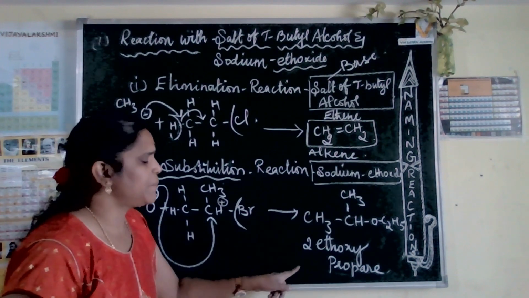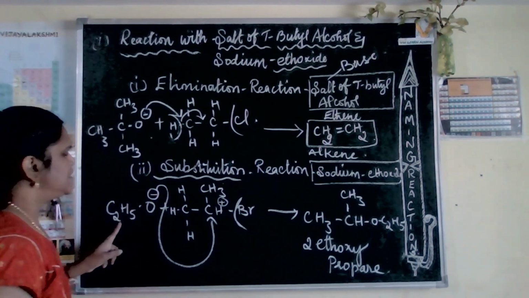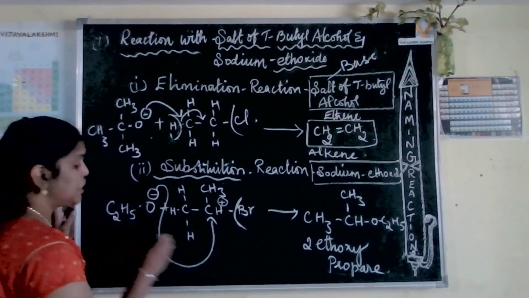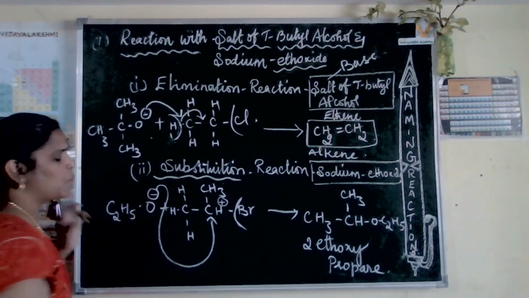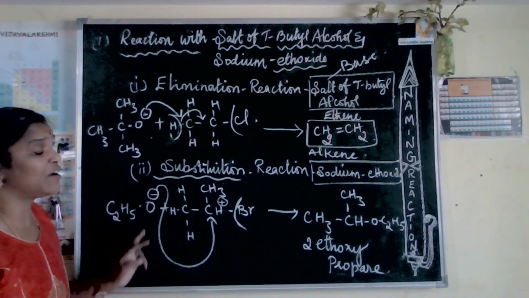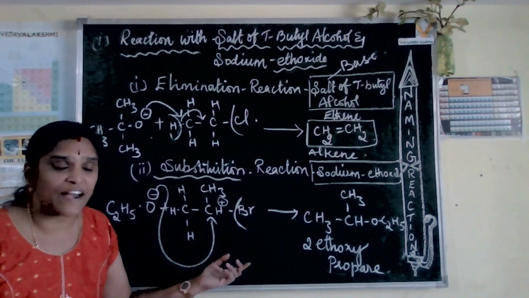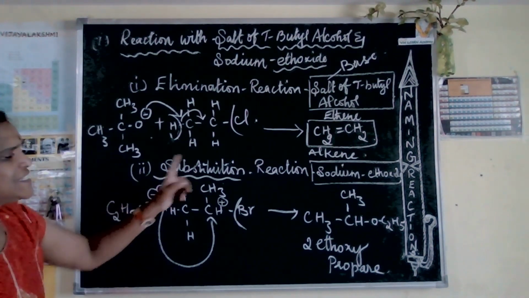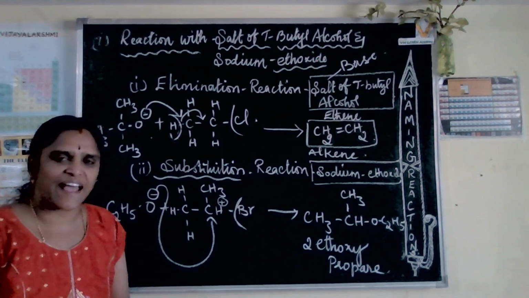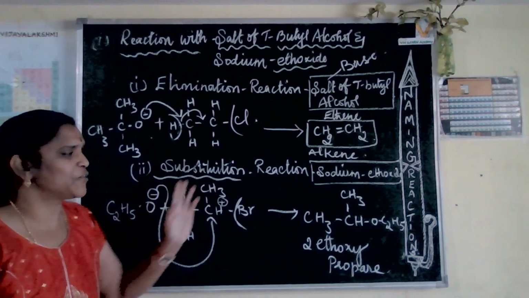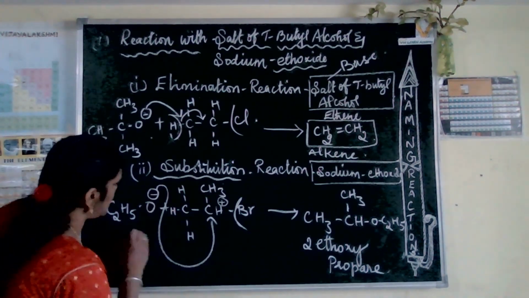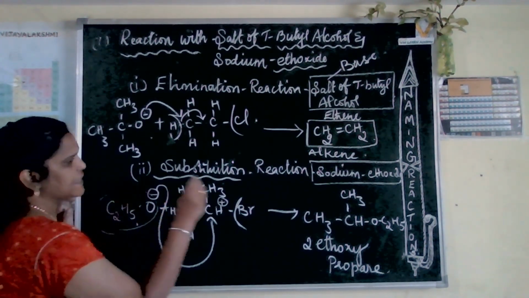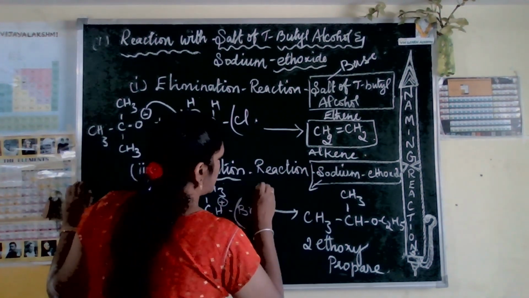Okay, now come to this point. Here this acts as a nucleophile. Why does it act as a nucleophile? Because it searches for the carbocation. So in this substitution reaction it acts as a nucleophile.